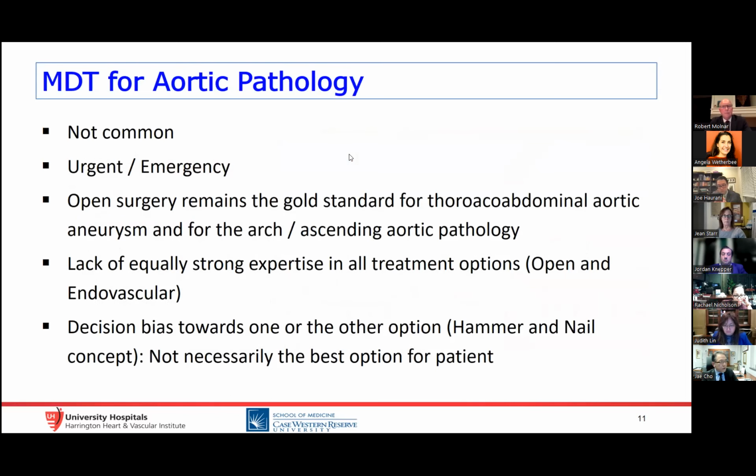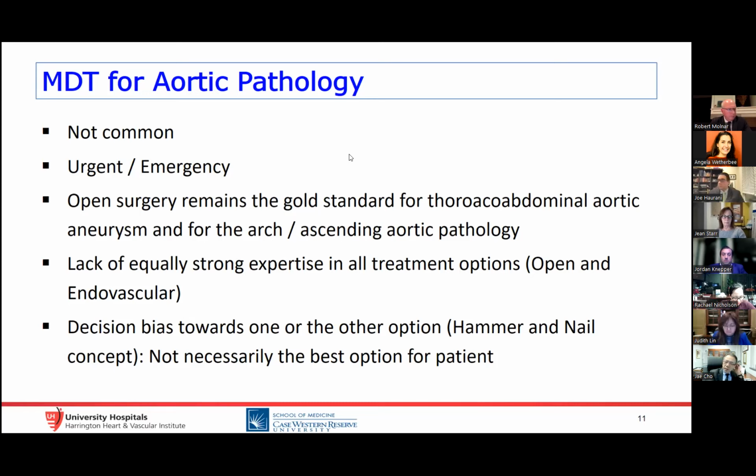Aside from these issues, multidisciplinary approach are not usually offered to patients, particularly in patients with aortic pathology. This is in part due to the presentation of these patients often in urgent or emergency situations, and also because open surgery, particularly in the arena of thoracoabdominal aneurysms and arch lesions, is still considered as the gold standard.